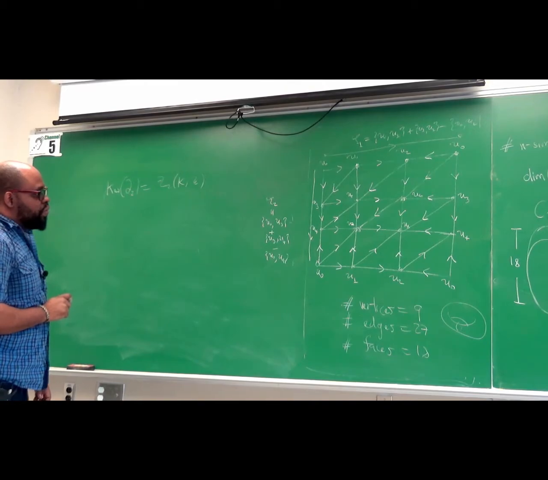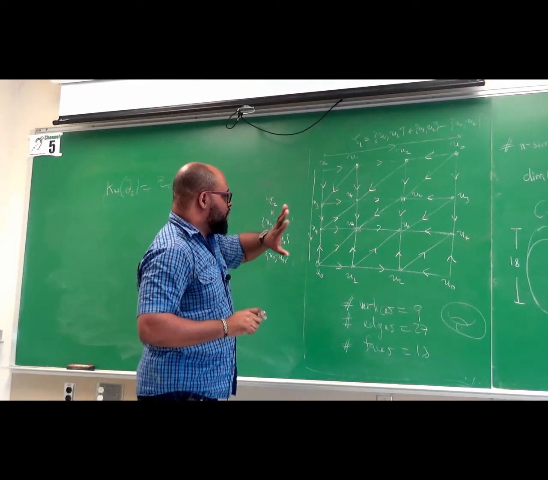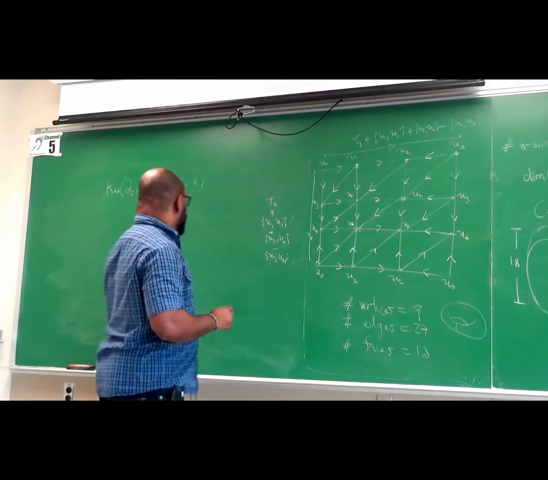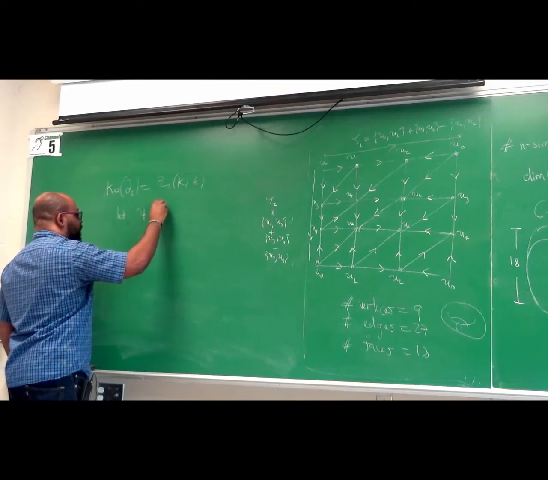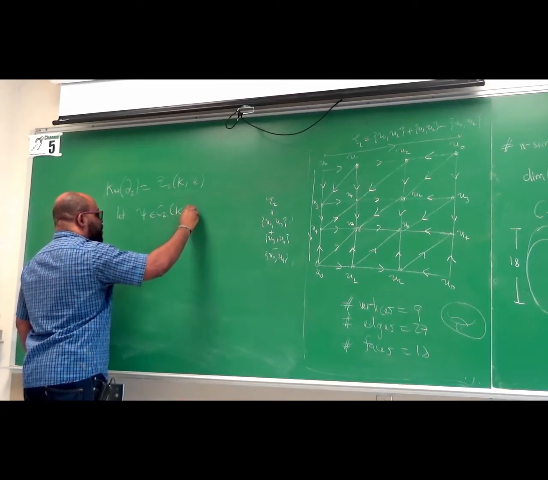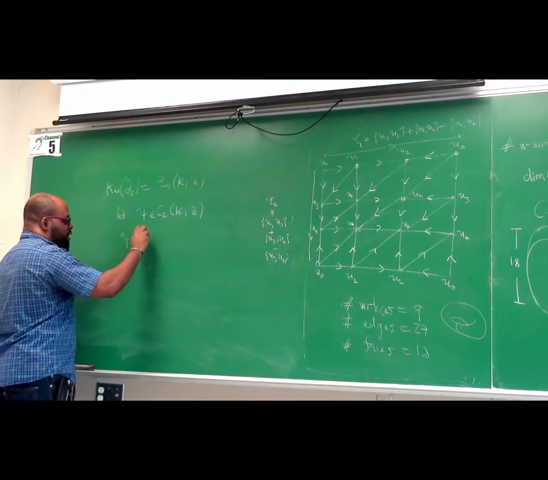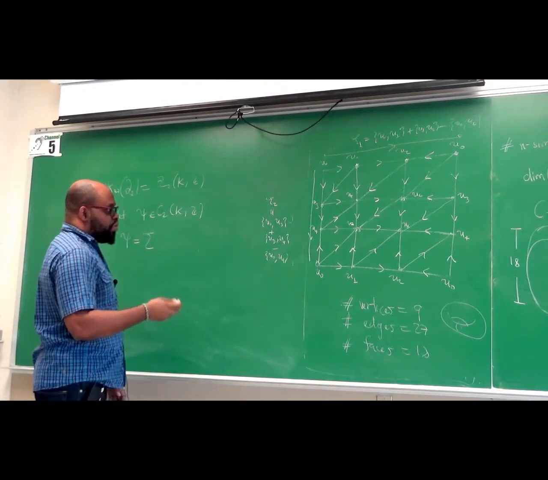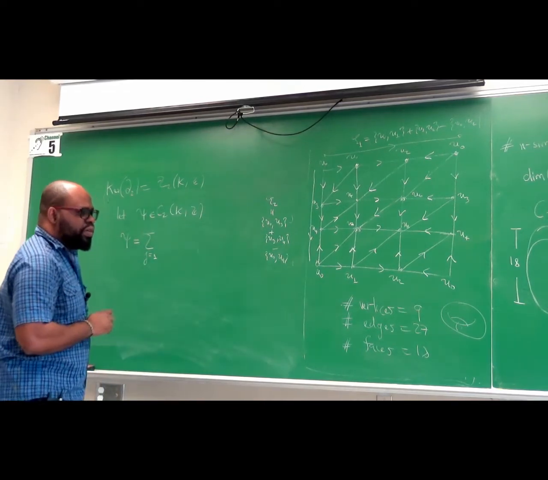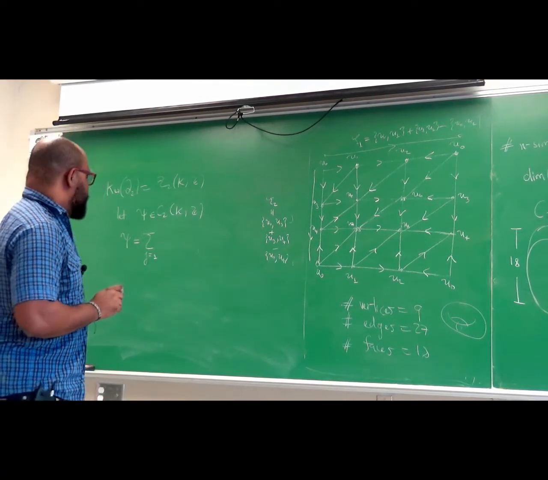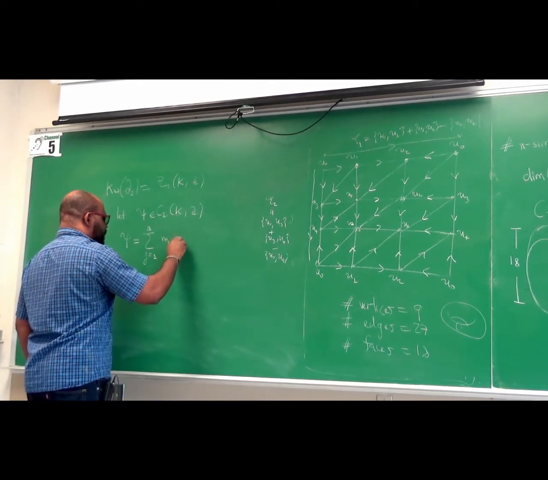Okay, so what am I going to do? I'm going to take an element, a 2 chain, right? So let psi be a 2 chain. I'm going to write it as a sum of 2 simplices. So j goes from 1 to 18 of m_j sigma_j.